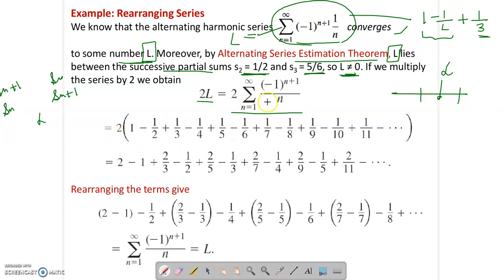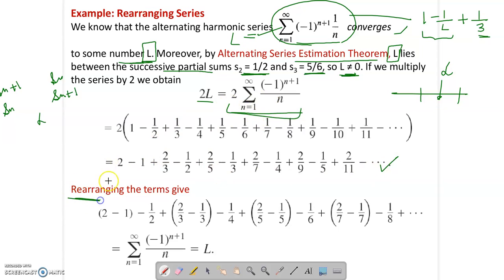So 2 times this series is 1 minus 1 by 2 plus 1 by 3 minus 1 by 4, and we have written around 11, 12 terms. Now multiply this 2 with the whole series. So this is 2 minus 1 plus 2 by 3 minus 1 by 2 plus 2 by 5, going on like this. So twice of this series is basically this series.